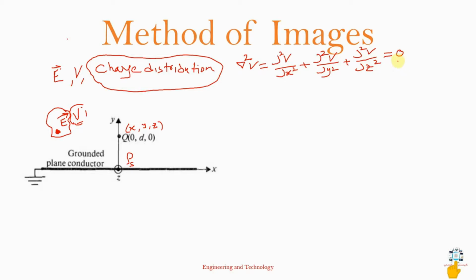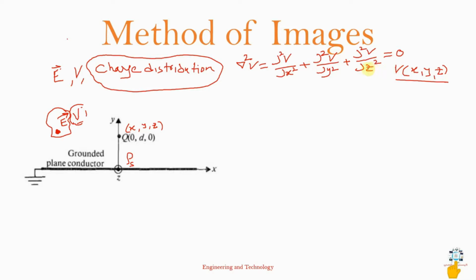If you do not know the Poisson and Laplace equations, you can check my previous videos. Because this is a second order partial differential equation, the solution will give you the value of the electric potential V.